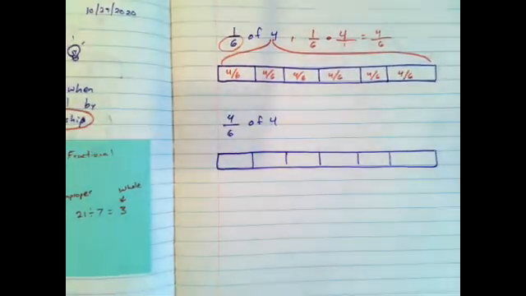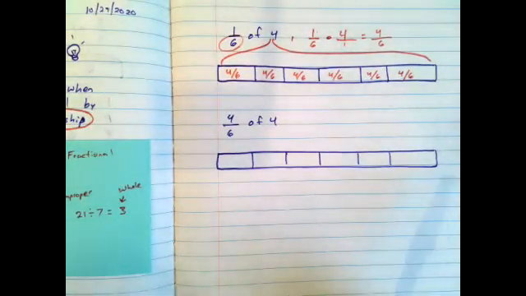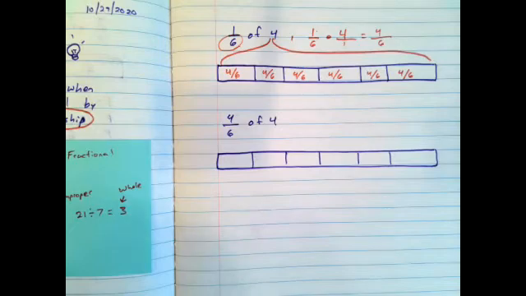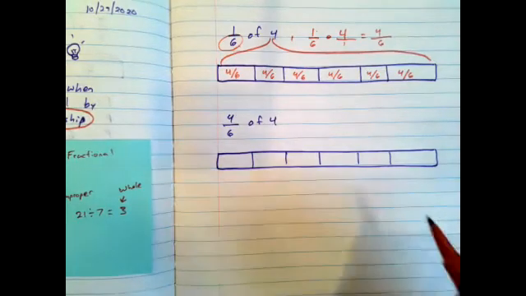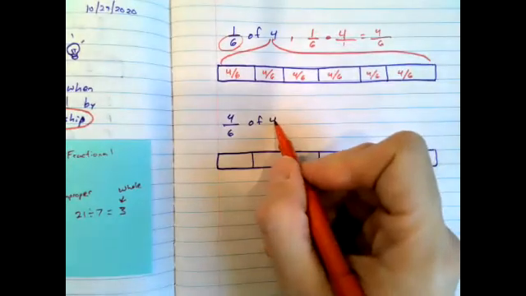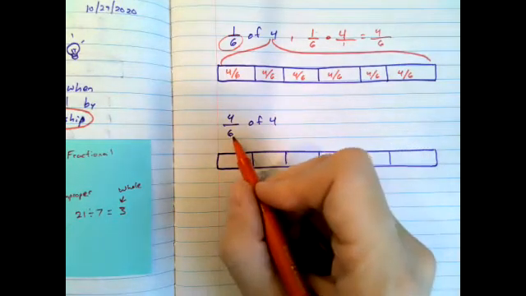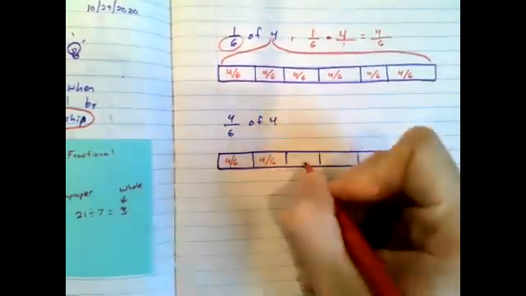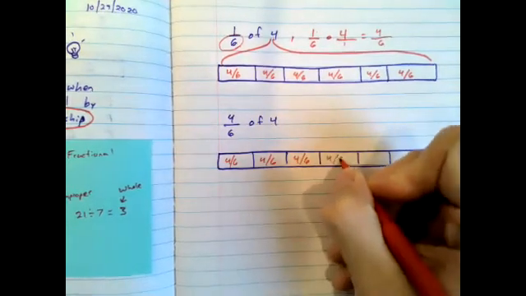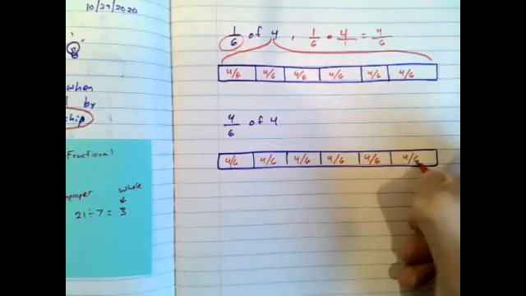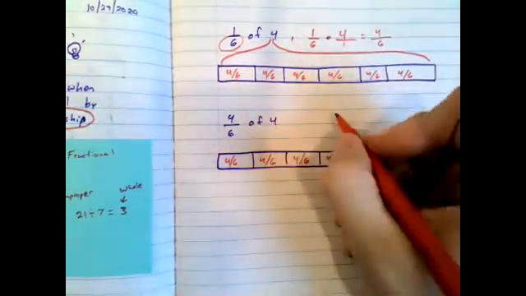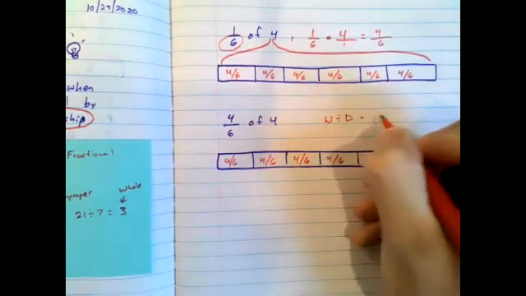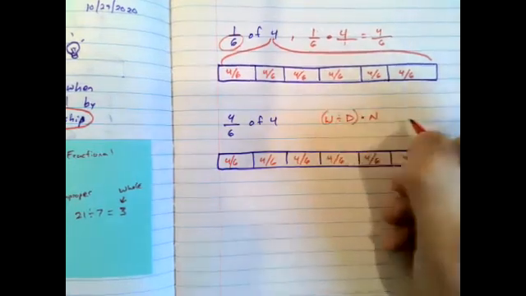So here I've got 4. I'm dividing into 6s, and each one is worth 4/6. So let's use that whole number divided by denominator times numerator to get our product.